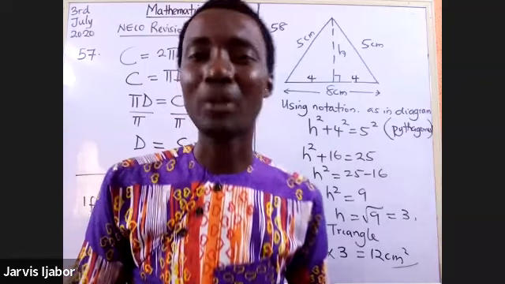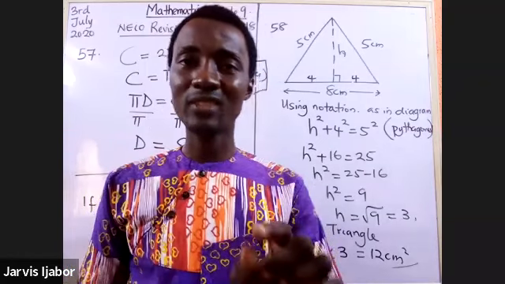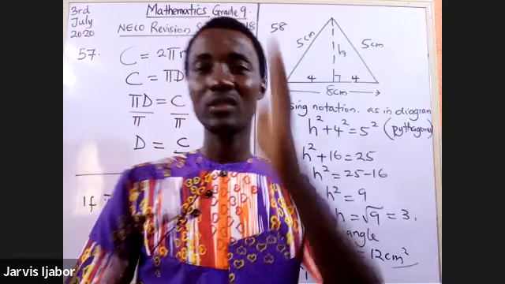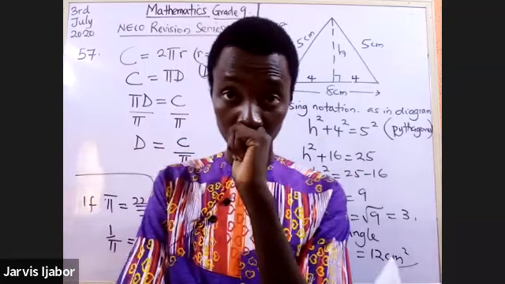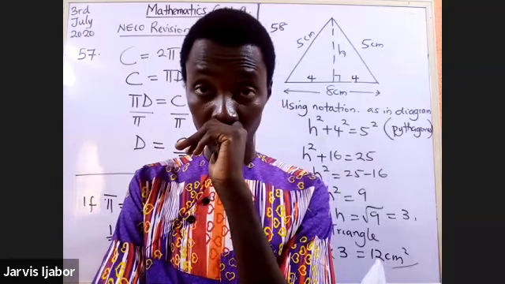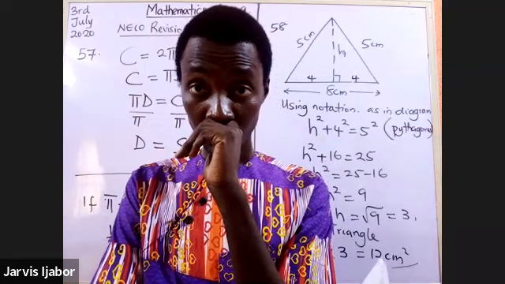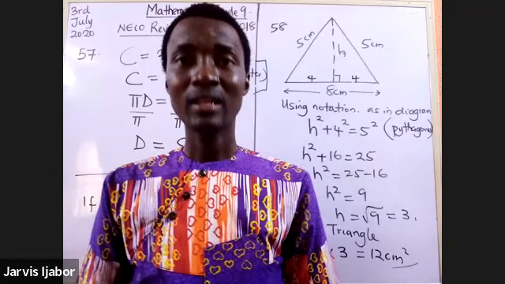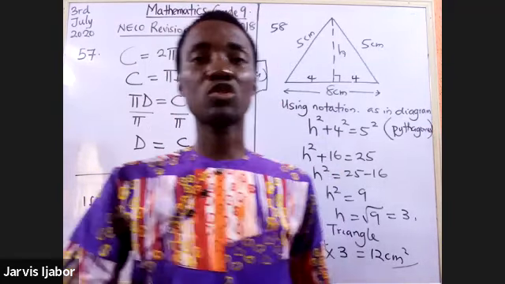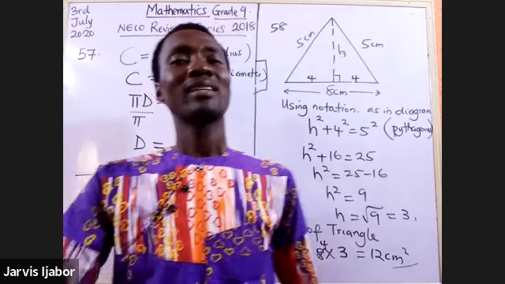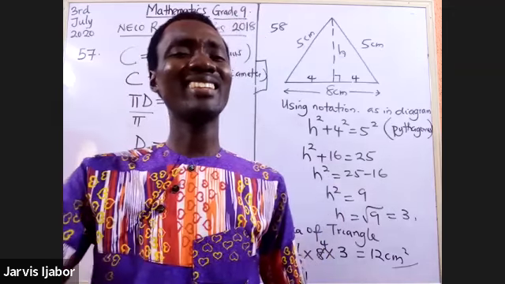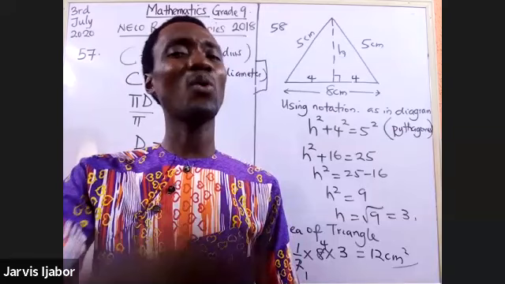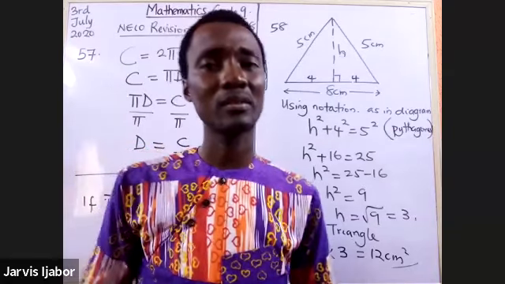You cannot construct 30 degrees without first constructing 60 degrees. Let that sink in. To construct 30 degrees, you must construct 60 because 30 degrees is the bisected angle of 60 degrees.